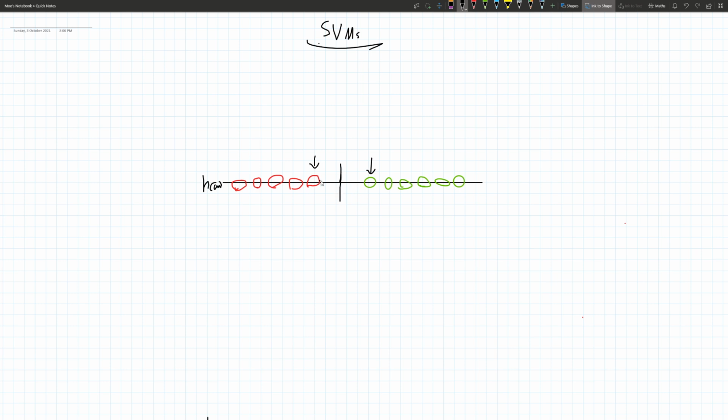So this distance is maximized and that distance is maximized, and that distance is called the margin. The distance between the threshold and the closest data point on each side is called the margin, or the street. We will talk about why it's called the street in another example. So we need to maximize this margin.